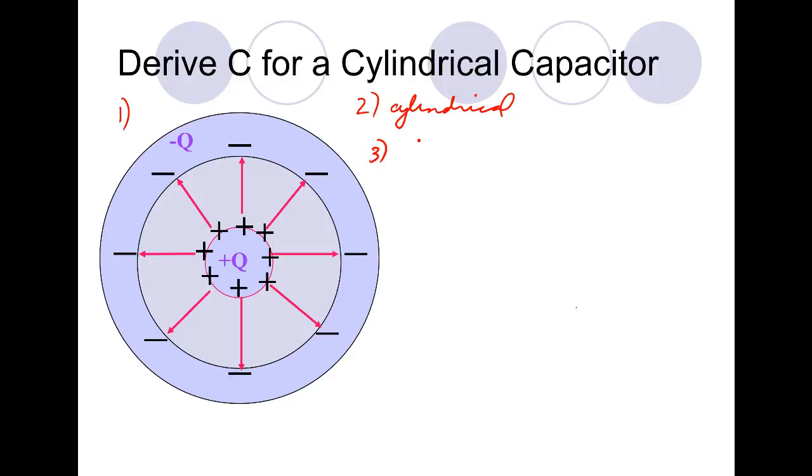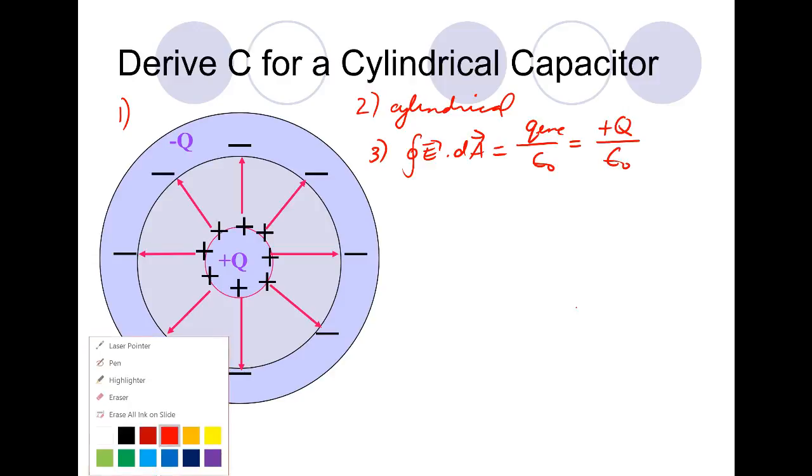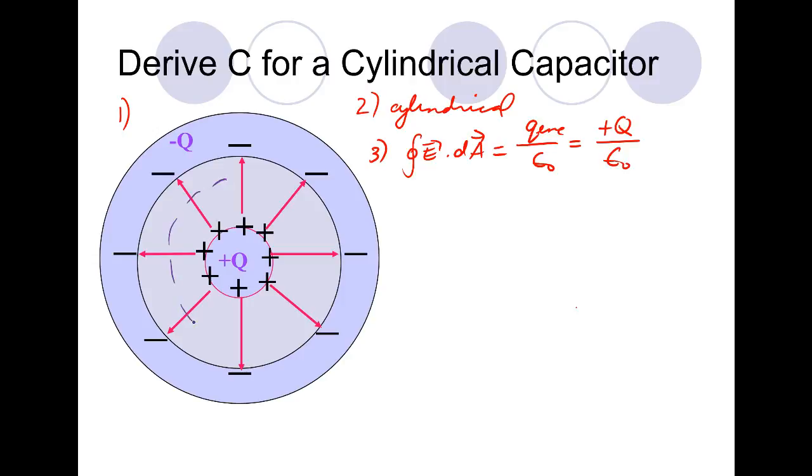Step 3 is applying Gauss's law. E dot dA is Q enclosed over epsilon naught, which is just in this case plus Q over epsilon naught. Now our Gaussian surface, just for reference, is going to be a cylinder of radius r.